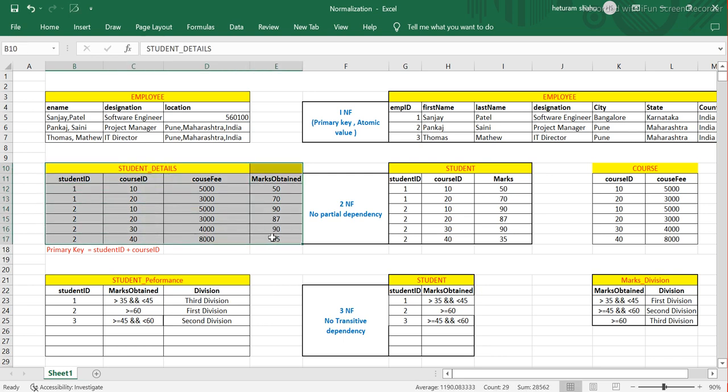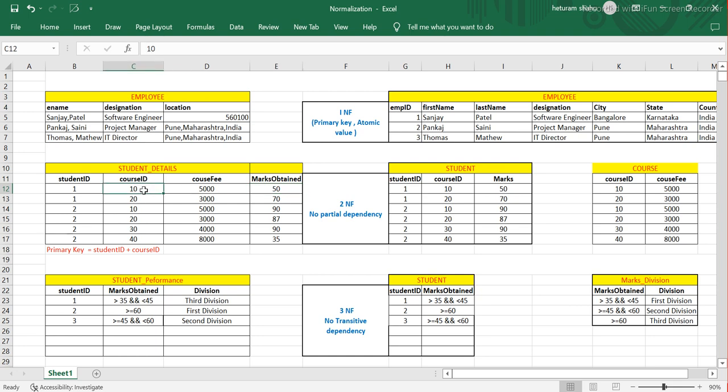Now the question is, can we check the other non-key attribute? This is the non-prime attribute, marks obtained. Do you think marks obtained is fully dependent on student ID and course ID? Yes. Why? Because marks obtained talks about a student who has received these marks on a particular course ID.